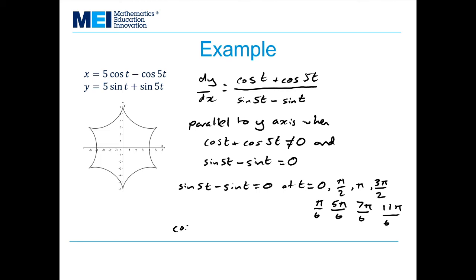But cos t plus cos of 5t equals 0 at all of these except 0 and pi.